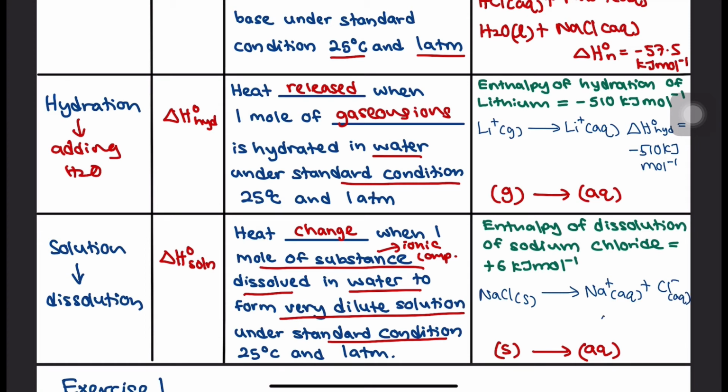And this has an enthalpy value of positive 6 kilojoule per mole. I would like to put in a kind reminder again that when you are writing a thermochemical equation, the balanced chemical equation together with this enthalpy value should be in the same line. I am forced to write it below here since I don't have space.